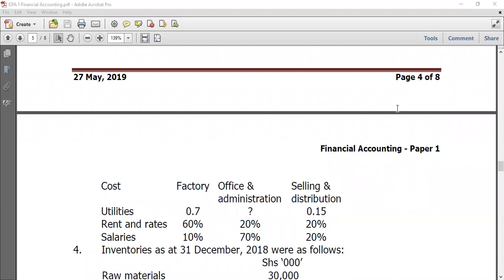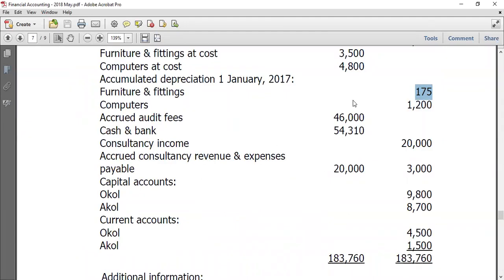You see, the computer already had 1.1 accumulated depreciation. So the accumulated depreciation at the end of the year will be the 1.2 that is in the trial balance plus the 1.2 depreciation for the period.